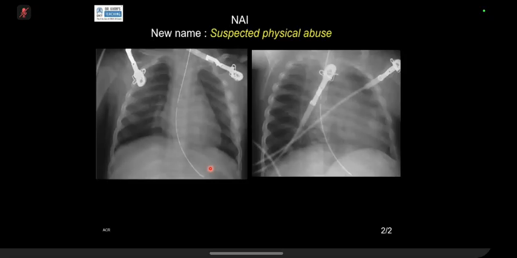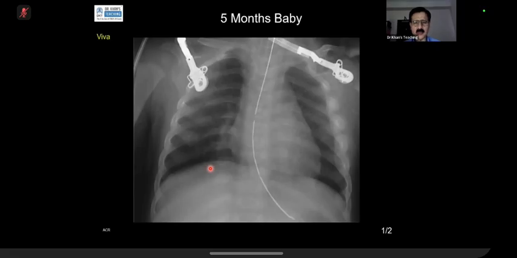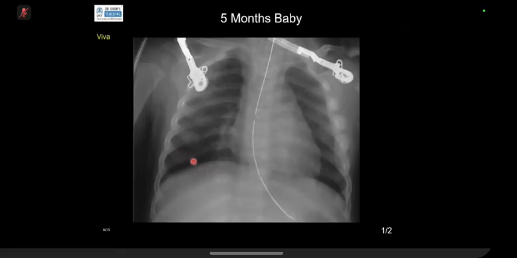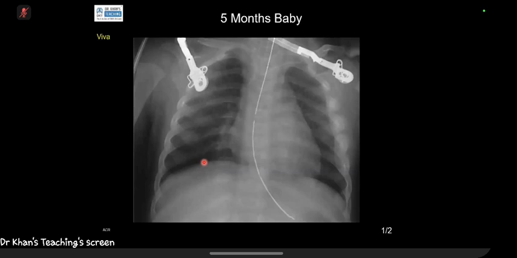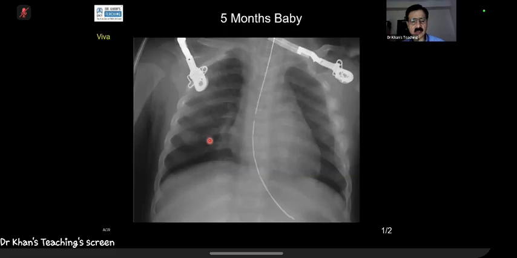Okay. So the point is, you see the A to Z course is very easy because you know where you are. You are into the metabolic world, but this was a trick case, and this is what will happen in the exam. Please remember in NAI, classically you see metaphyseal fractures, and just like rickets the fractures can be at the costochondral junction, which can manifest as expansion.